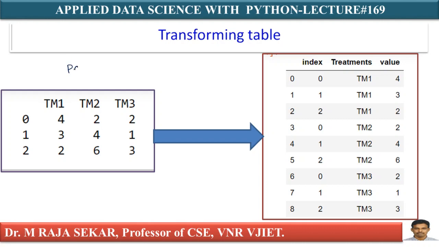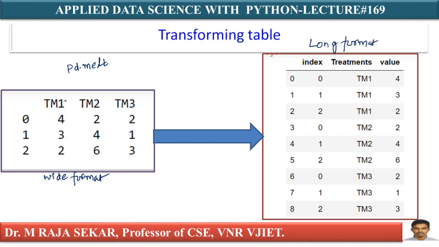Yes, pd.melt allows you to unpivot a data frame from wide format into long format. This is known as wide format. This wide format will be converted into long format, isn't it?